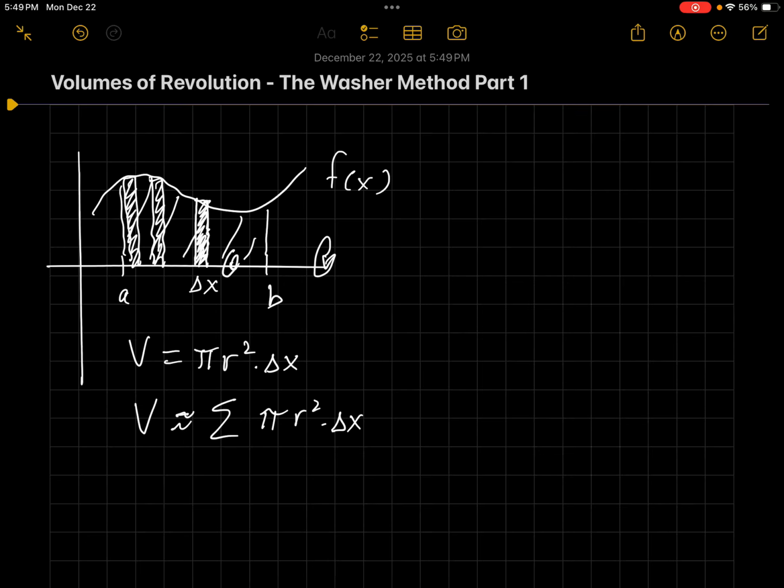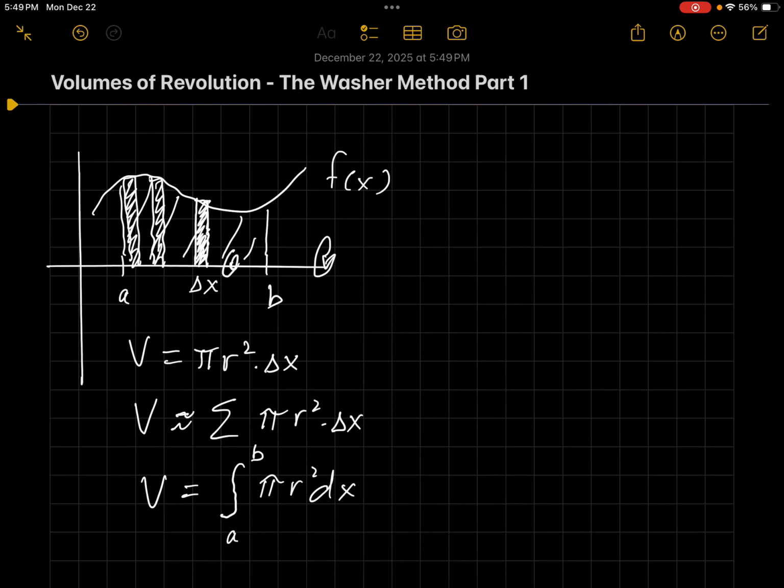Of course, to find the actual volume, we would simply shrink the width of our cross-section down to 0. That is, let delta x go to 0, or delta x goes to dx. And then add all of those small circular disks, starting at x equals a and going to x equals b, together.